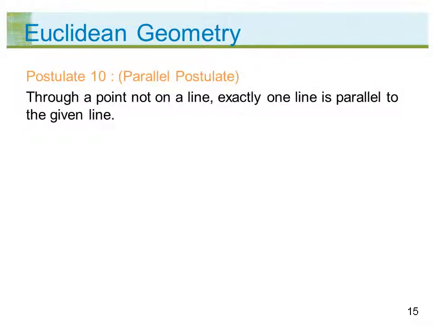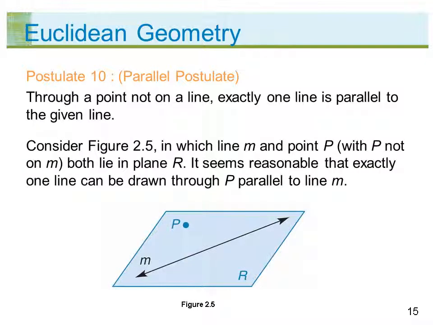Postulate 10, parallel postulate. Through a point not on a line, exactly one line is parallel to the given line. Consider Figure 2.5, in which line M and point P, with P not on M, both lie in plane R. It seems reasonable that exactly one line can be drawn through P parallel to line M.